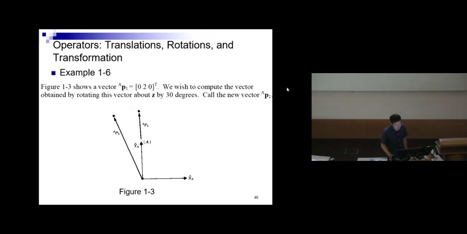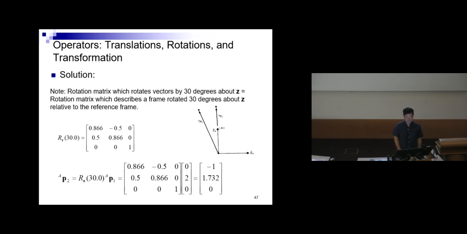You call this new vector AP2, the vector point P2, where A refers to the coordinate frame A. Bear in mind that when we are doing the operator, we only have one single coordinate frame. The rotation matrix which rotates a vector by 30 degrees about Z is given here: Rz 30 degrees is 0.866, minus 0.5, 0.5, 0.866.